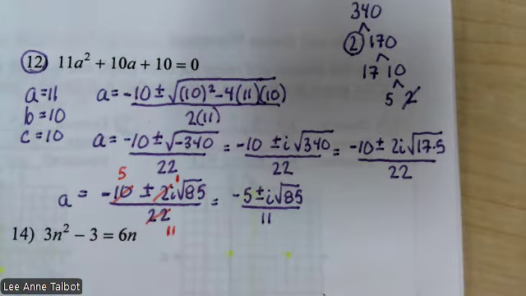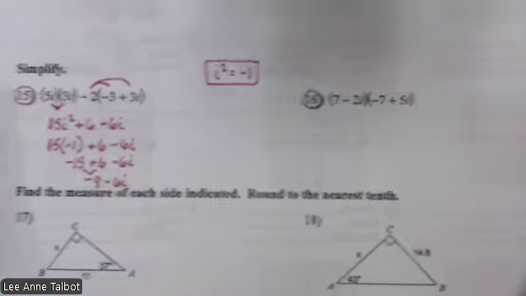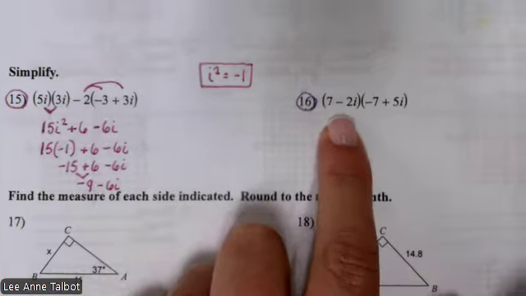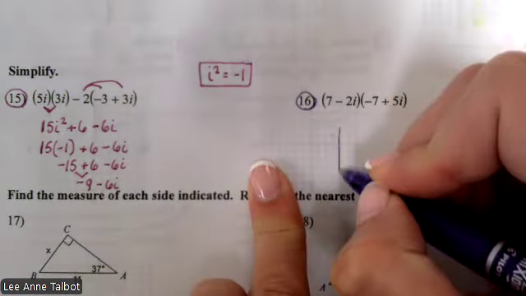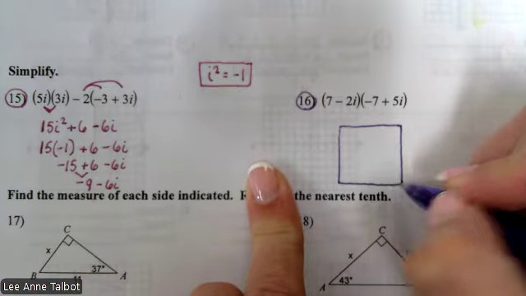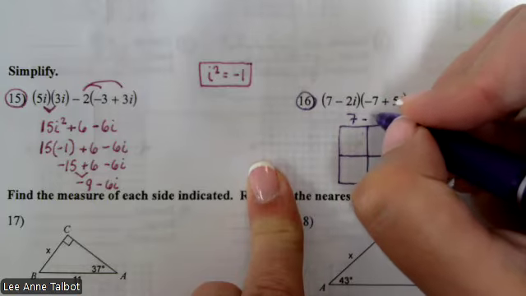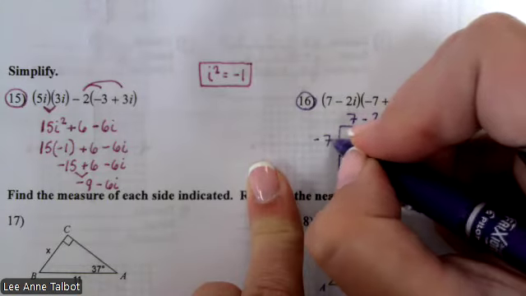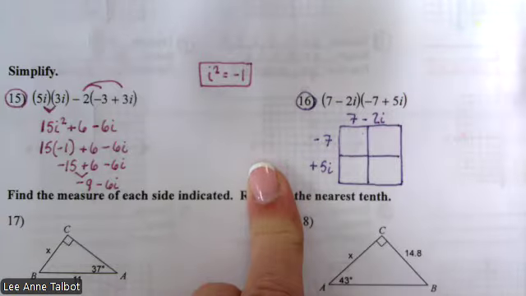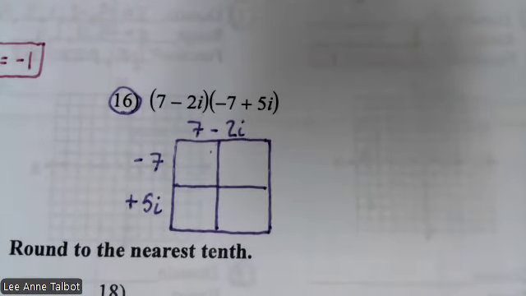Okay, now we're going to do number 16. I know we have so much to do today. Okay, 16 is another problem with i's. This one needs a box. So I made a 2x2 box and then put one of the factors on the top and one on the side.